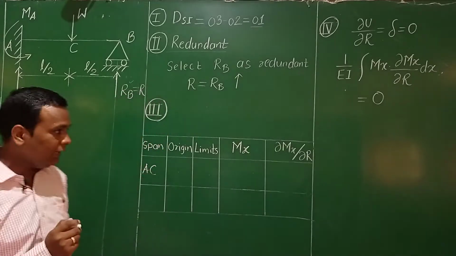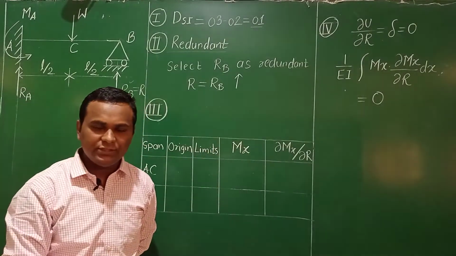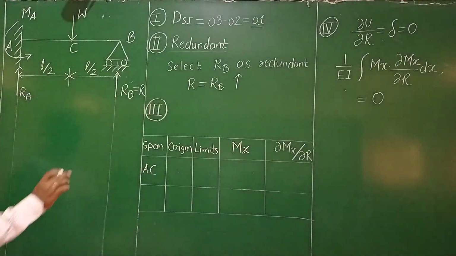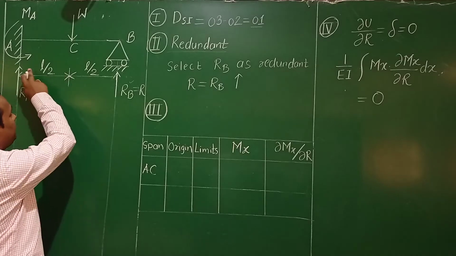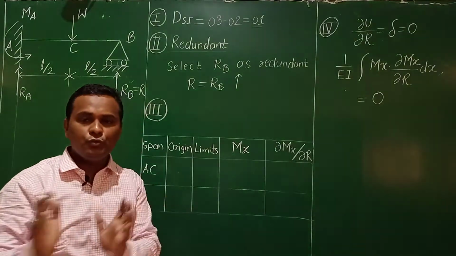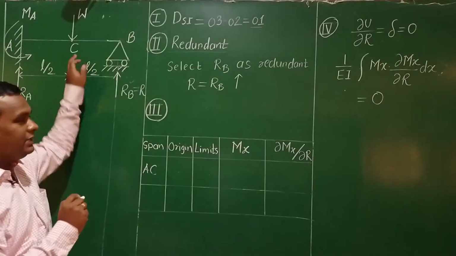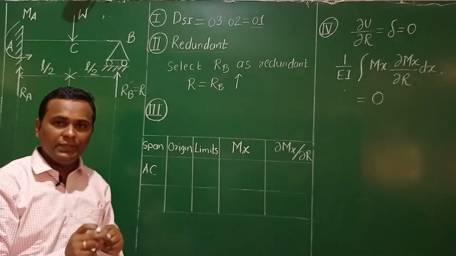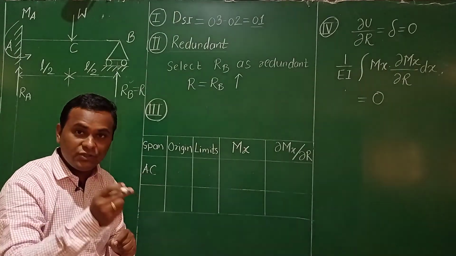Okay, so to get this Mx, that is the bending moment at section X, if you see this diagram, it consists of two spans, span AC and span CB. Now we need to select these two spans separately. The reason is that at point C there is a point load, so when you move from B to A or from A to B, there is a change in loading.